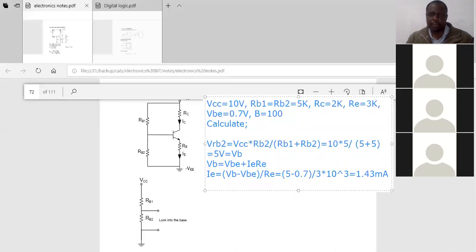So if you have IE, then you also have IC, and you also have IB.